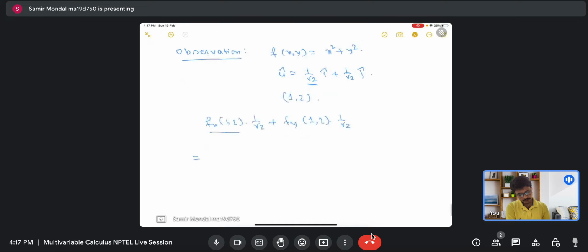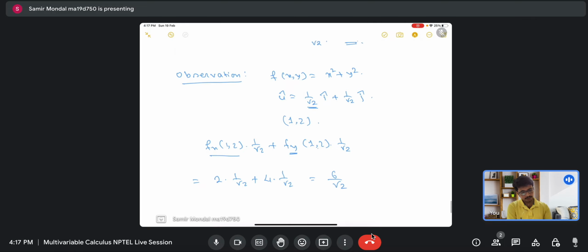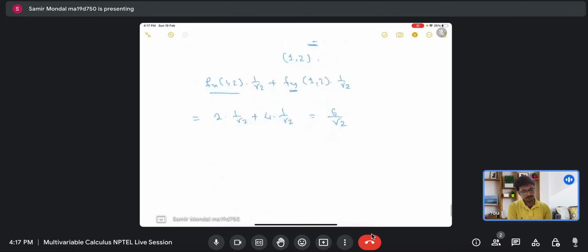This is nothing but 2 root 2 plus 4 by root 2, the same as the earlier answer. So this quantity and this quantity both are the same.